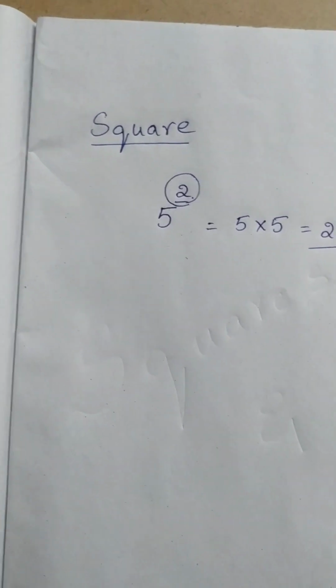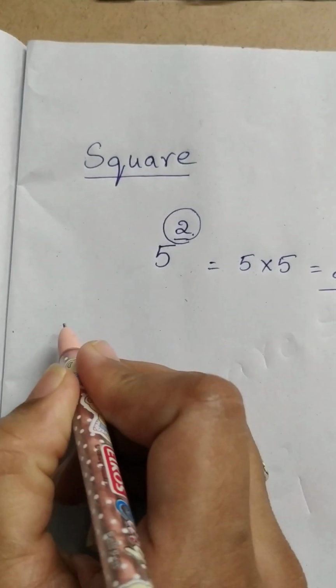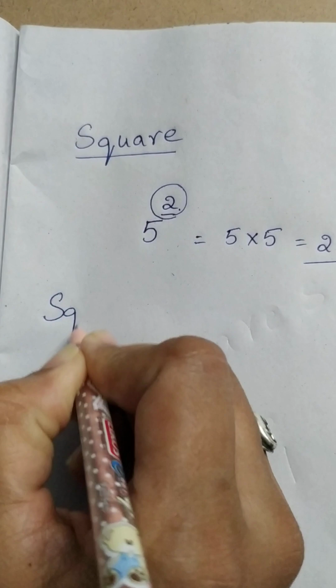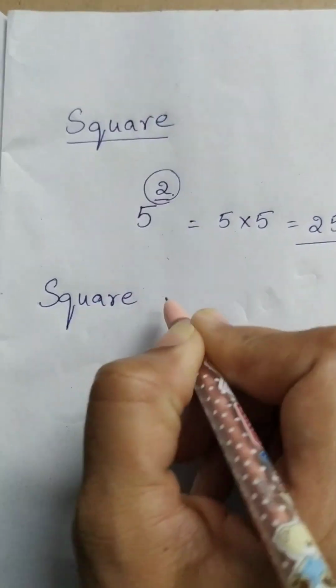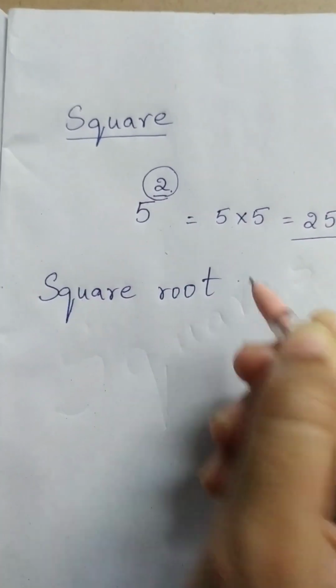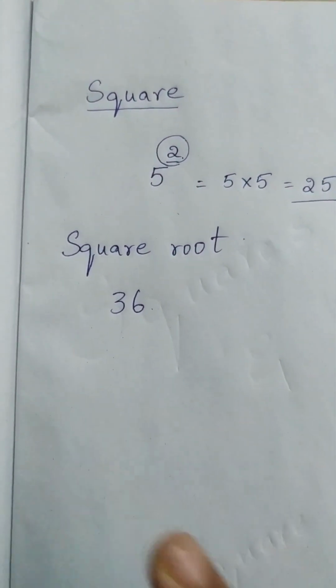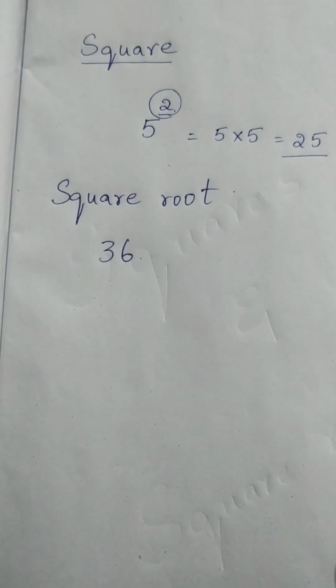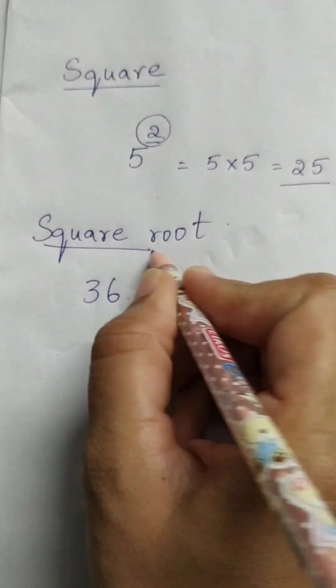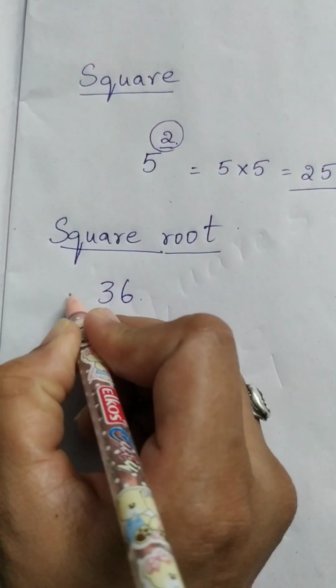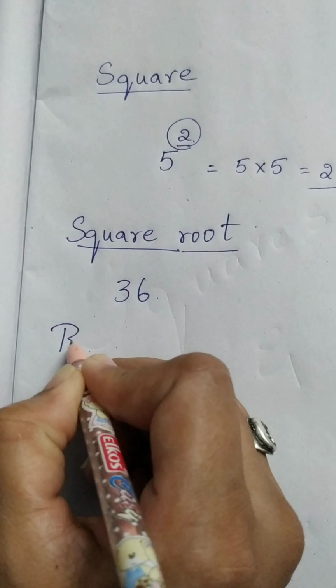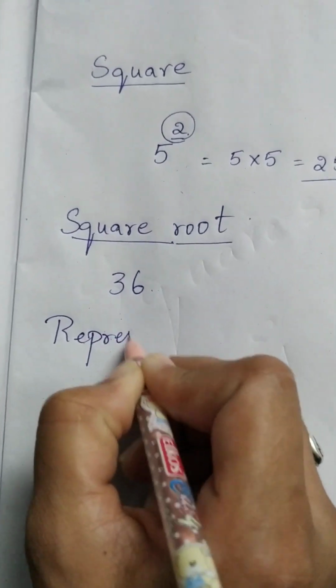Now let us see how you find square roots. Square root means if any number is given to you, for example 36, you need to find the square root of it. Root means the symbolization, the representation.